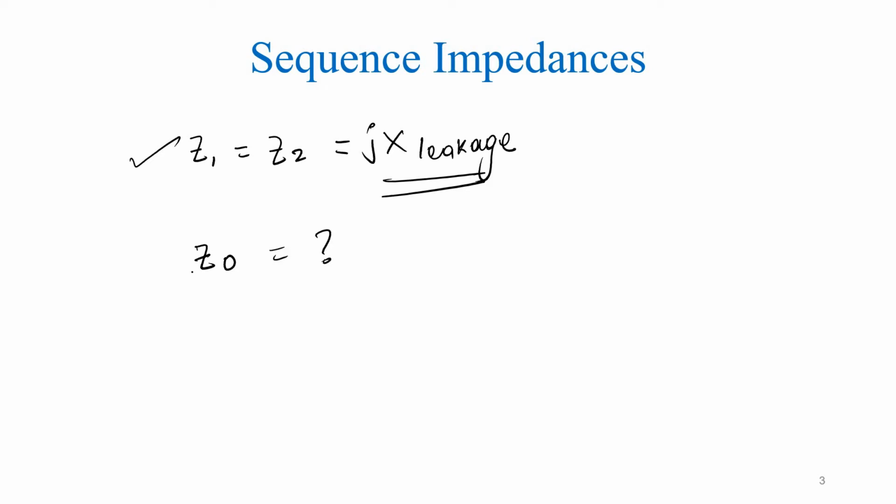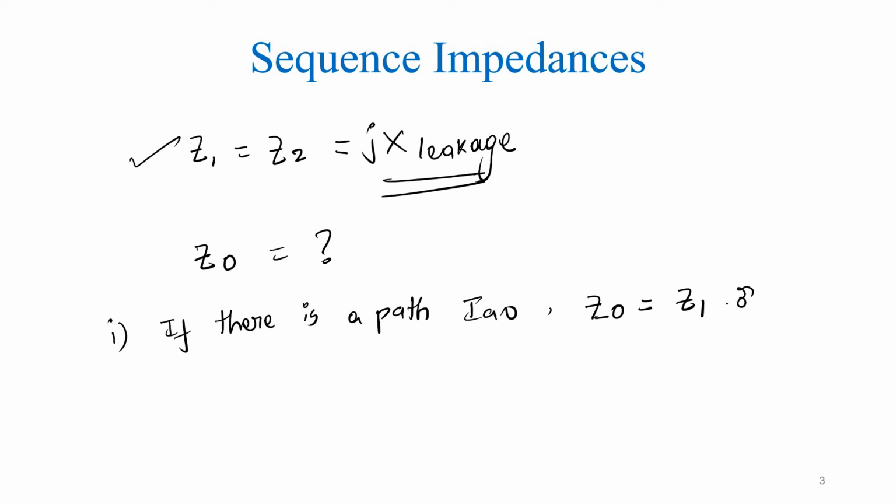Zero sequence reactance can be represented with respect to two different conditions. Case 1: if there is a path for the zero sequence currents, then the zero sequence impedance is equal to the positive sequence impedance or the negative sequence impedance.